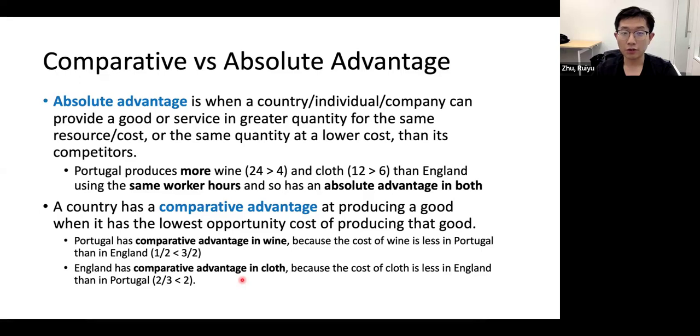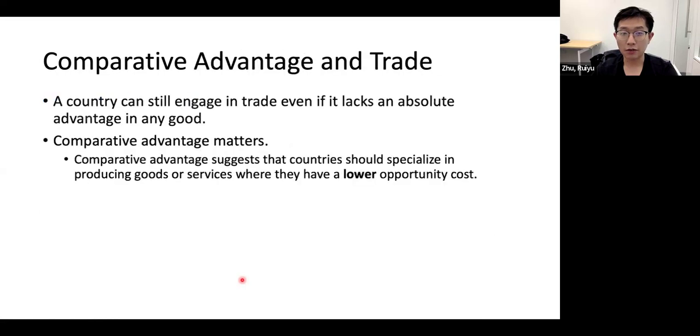So what's the implication about this absolute advantage and comparative advantage? So in this case, we say that England doesn't have any absolute advantage, right? So Portugal will dominate in both goods production. So does that mean that England cannot sell any good to Portugal because they cannot get any productivity advantage over Portugal?